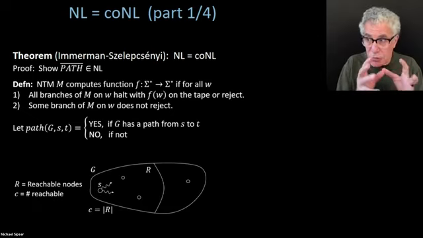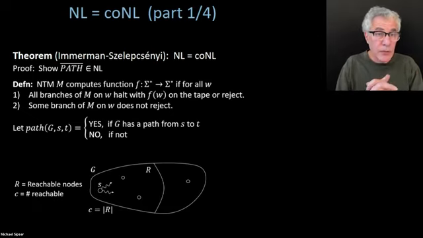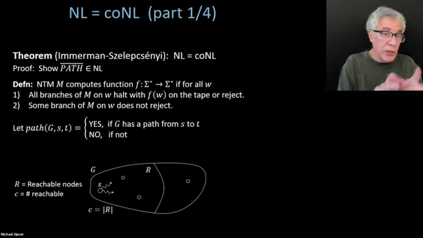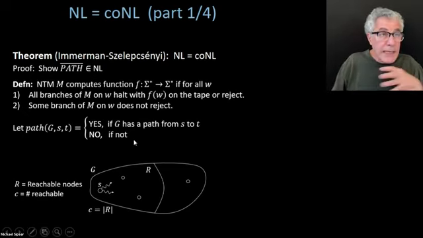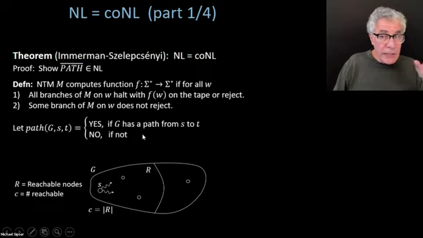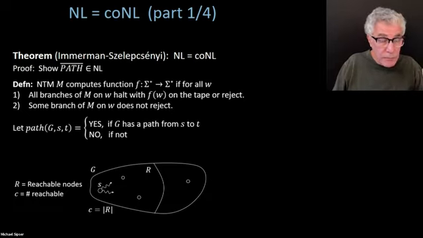It's very closely related, I understand. If you can solve the function, you can do the language. What we're going to give is an NL machine, a non-deterministic machine, which computes this function, and therefore you can use that to do the path language.